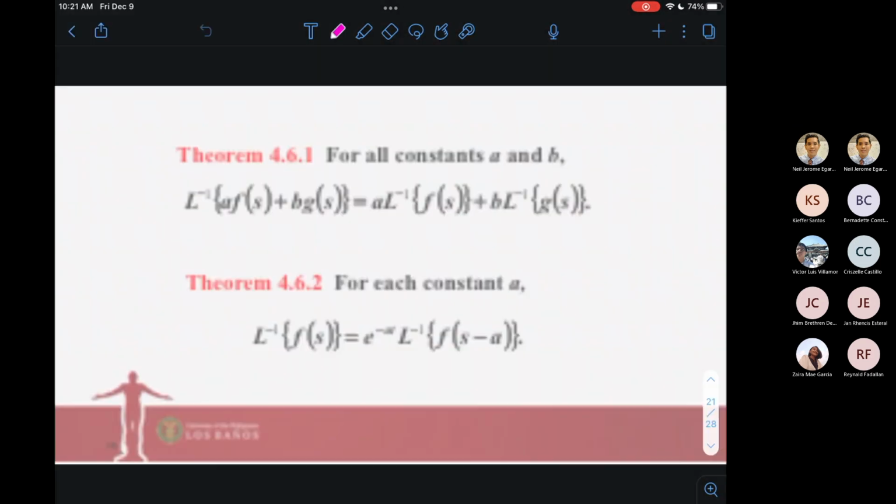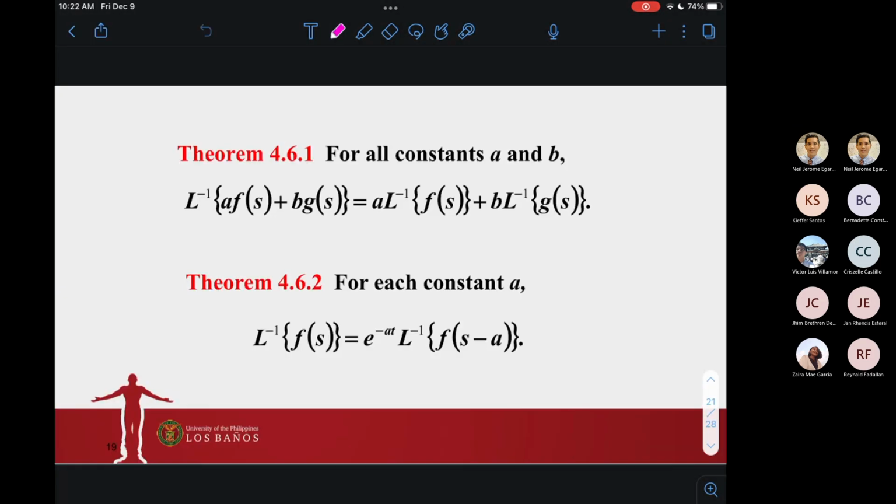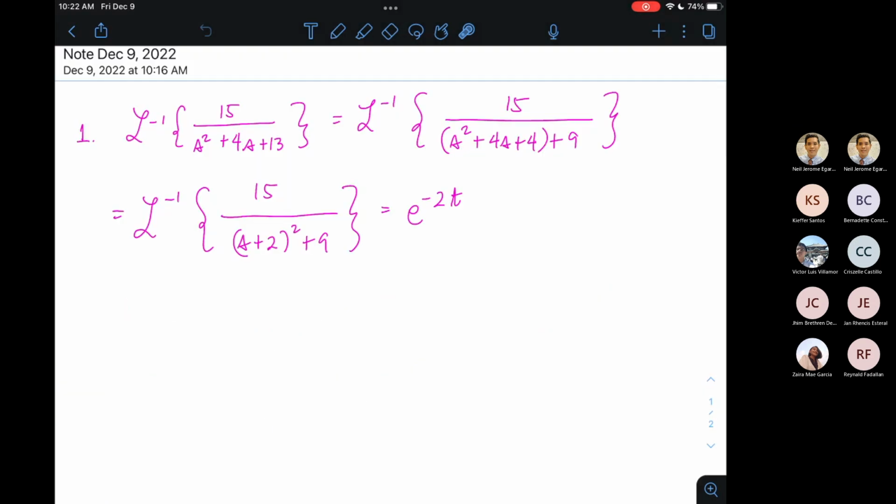Let me double check that. Yes. Kailangan ko mag-multiply ng e to the negative at para ma-move yung s by a units to the left. So pag gusto ko mag-minus a dun sa loob ni little f, kailangan mag-multiply ako ng e to the minus a times t. Right? So in our problem here, I want to move s plus 2 2 units to the left. So I want to subtract 2 mula dun sa s plus 2. So magma-minus ako dyan ng 2.